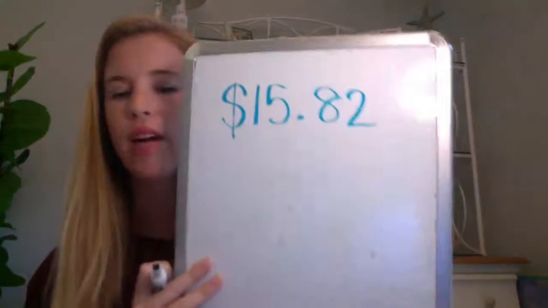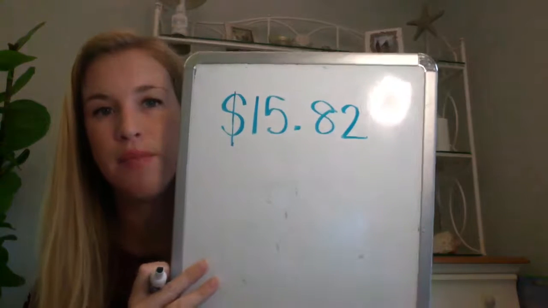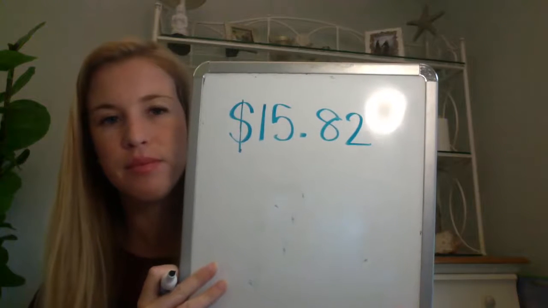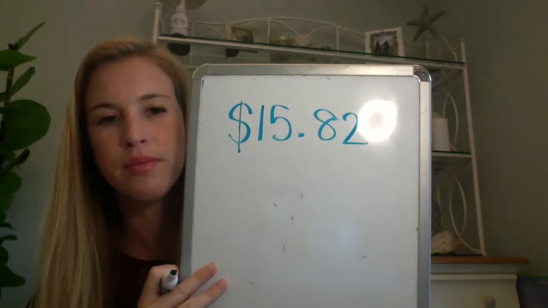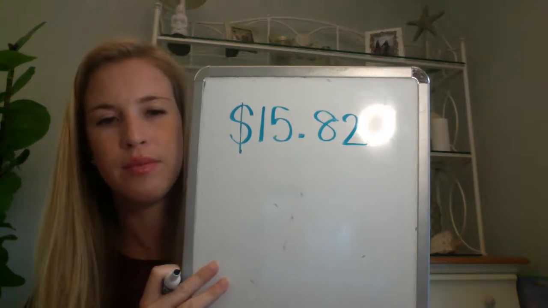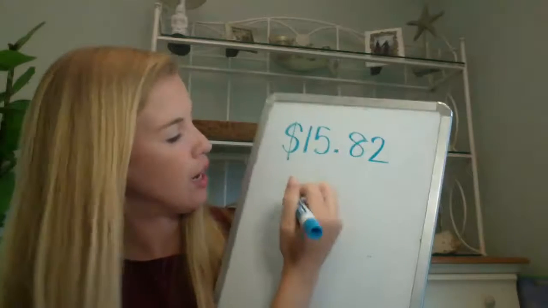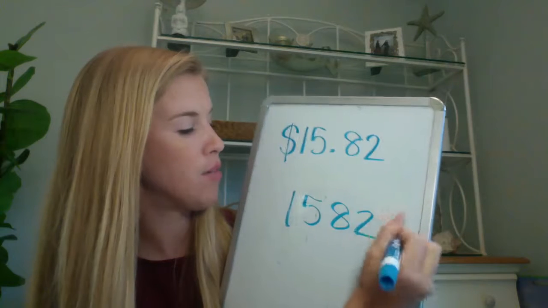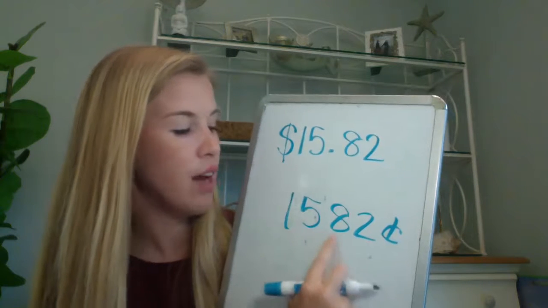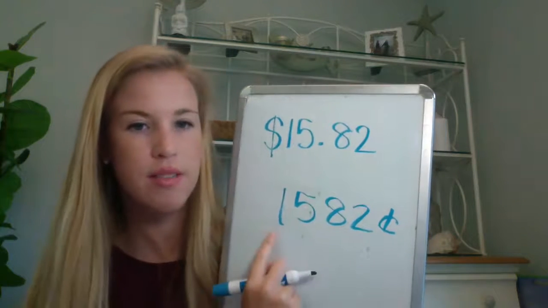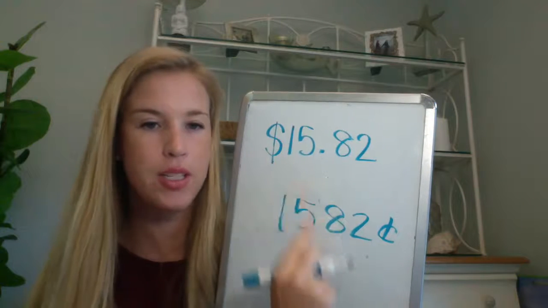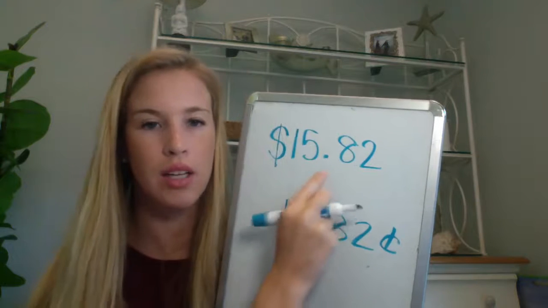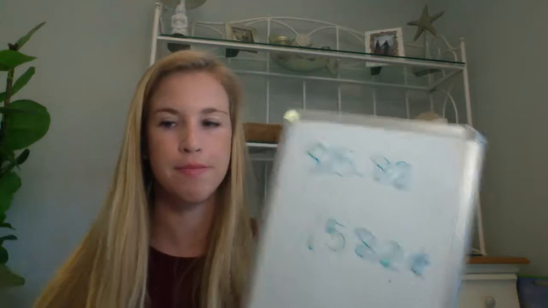Please go ahead and write this amount in cents. Okay, our answer should be, this is a big number, 1,582 cents. Okay, same numbers, same position, we're just not including that decimal point anymore.